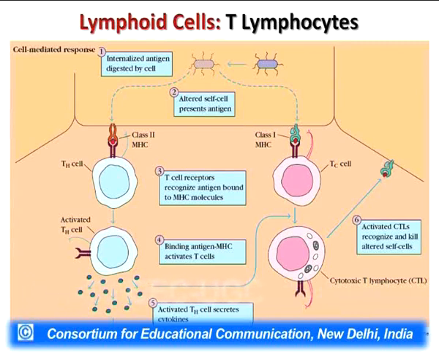They work coordinately to clear these antigens from the blood circulation or the body part. So these T cytotoxic cells play a very critical and important role in the clearance of pathogens or infectious diseases from our body.